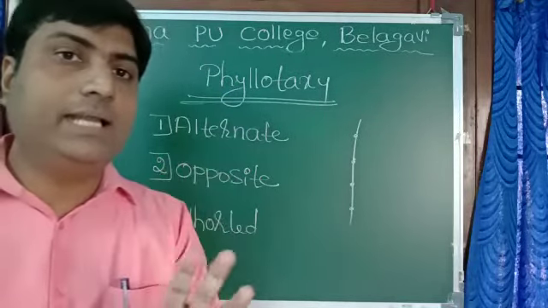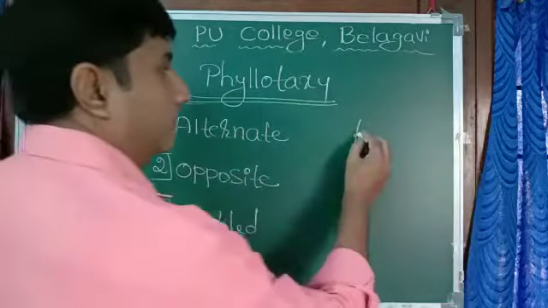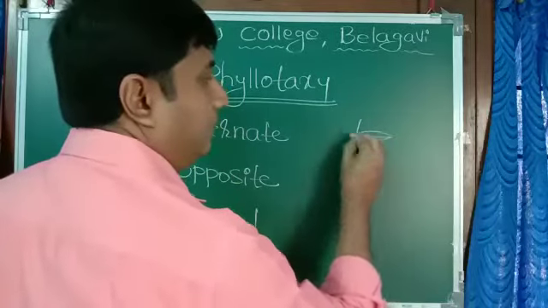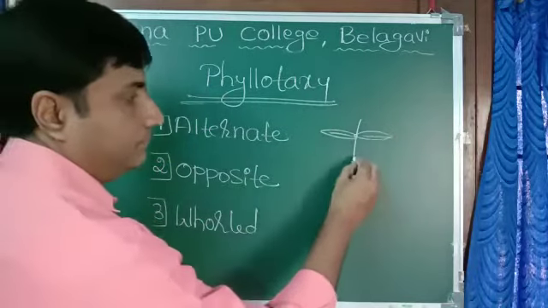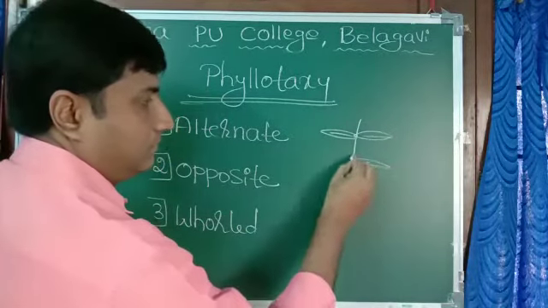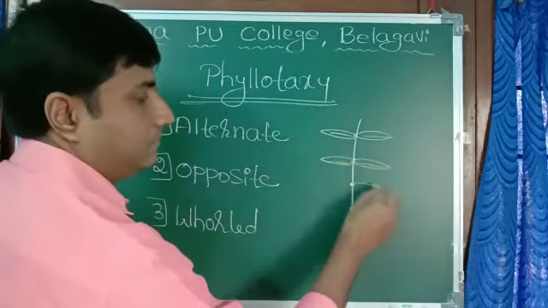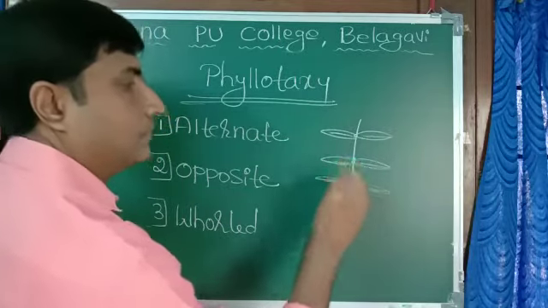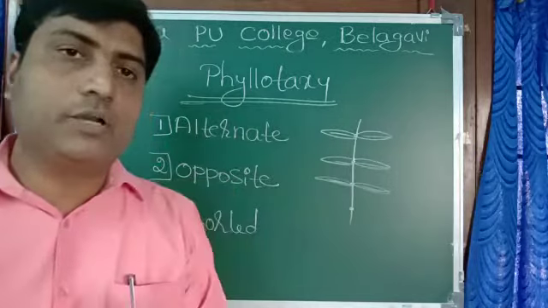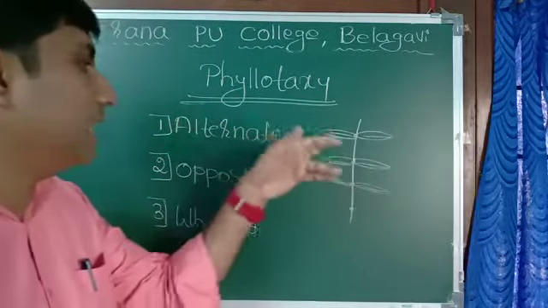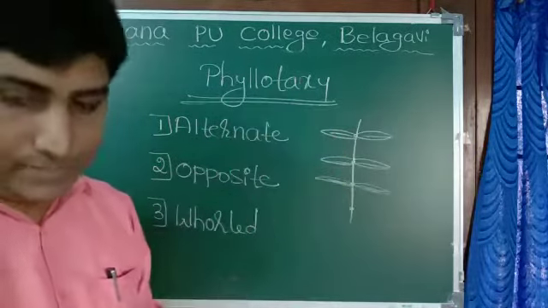That too they are arranged in opposite direction. This is one leaf, another leaf in the opposite direction. Second leaf, see, opposite. Like this. So this is called opposite. We can see it in the case of calotropis or in guava.